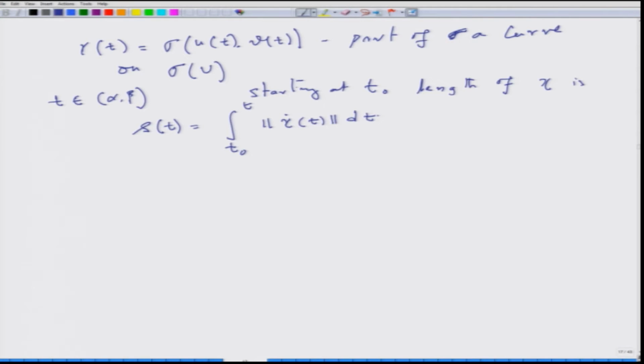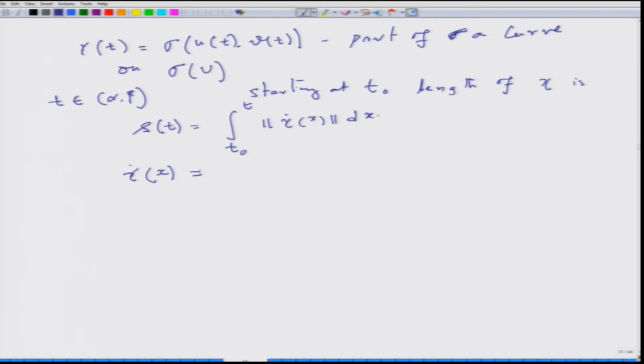I should not be using t in this variable, so maybe I put x. Well, now what is this quantity? Just have a look at gamma dot at x.